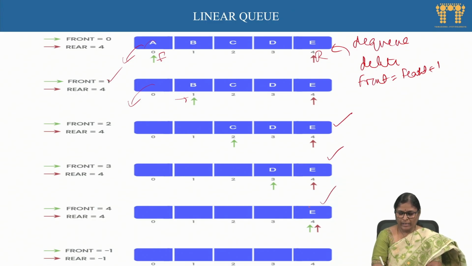Now in this particular case, front and rear are equal. Always check: whenever front is equal to rear, it means one element exists in the linear queue.